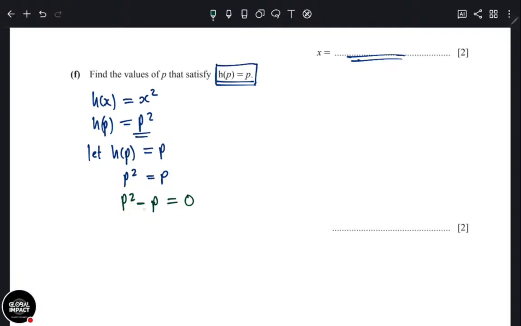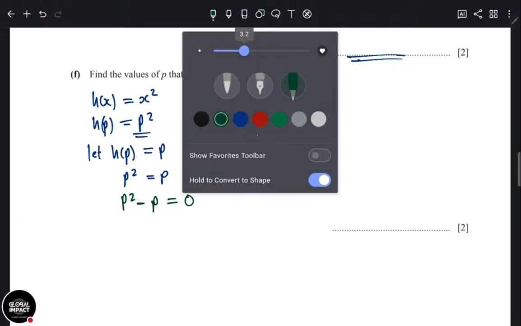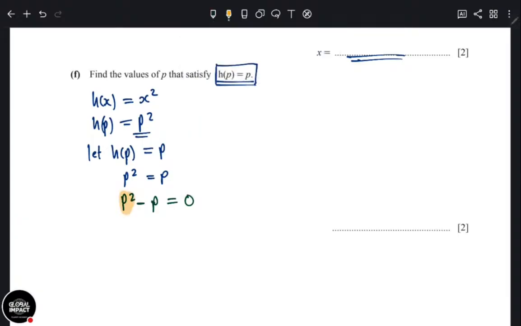You take p to the other side, it will subtract, right? P squared minus p equal to 0. The only way to solve this is by factorization, because this is quadratic, it is a square. So you factor out. P comes out, p into p squared is p, minus p into p, that's 1. P multiplying p minus 1 is equal to 0. So now these two are multiplying to give you 0.